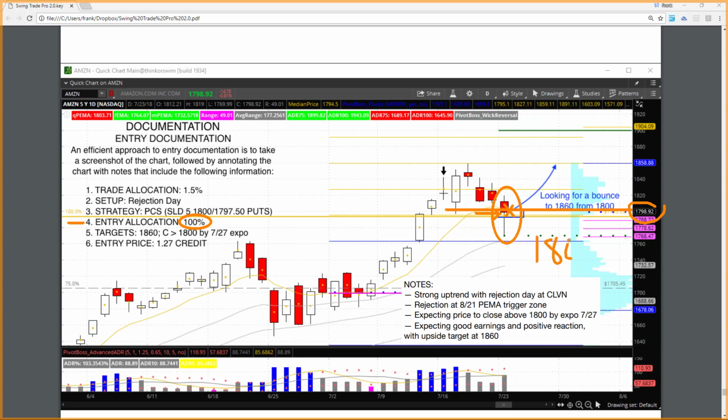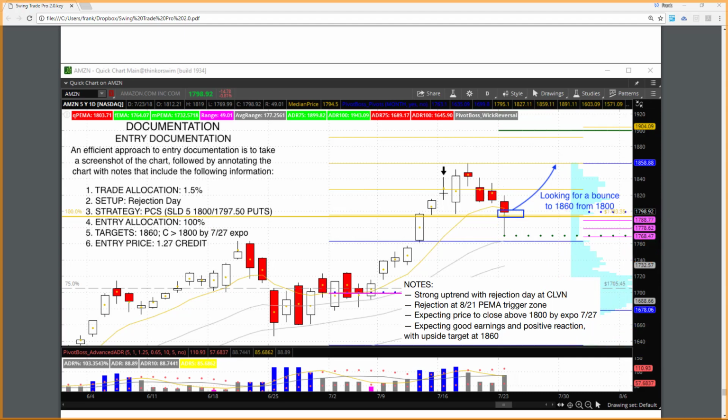So I sold the 1800 put when price was at about 1798, so it was a couple bucks out of the money. I also bought the 1797 half put for protection. So in case price was to drop through that area, I was covered.